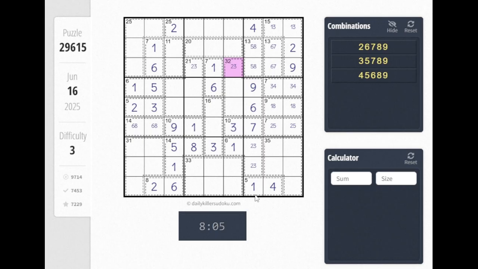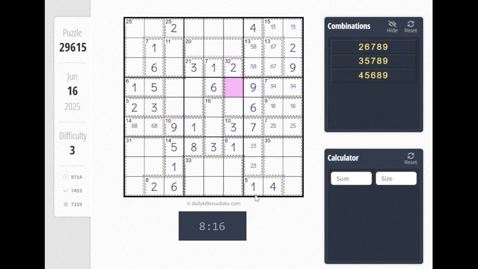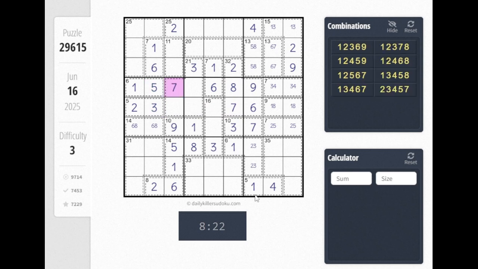Plus 3 is 18, so this has to actually be a 2 now. Okay. Now we're getting somewhere. 17, so 15, 7, 8. That's a 4. This is 13.